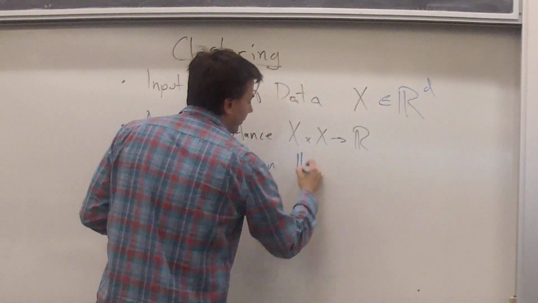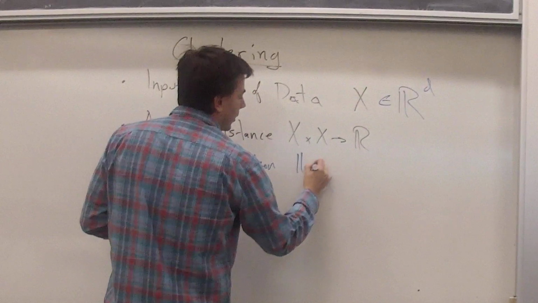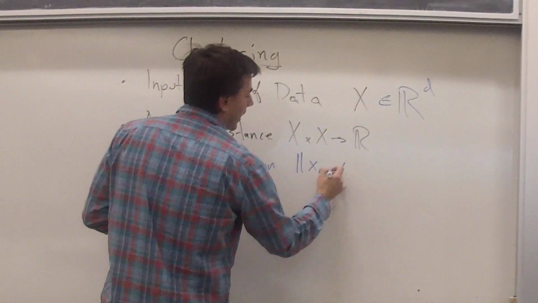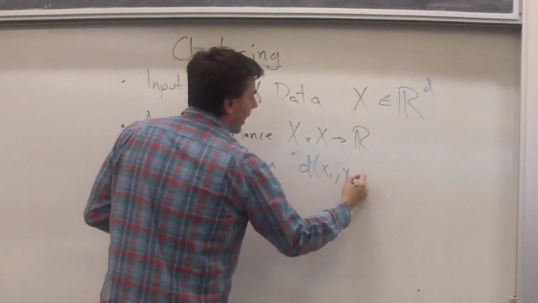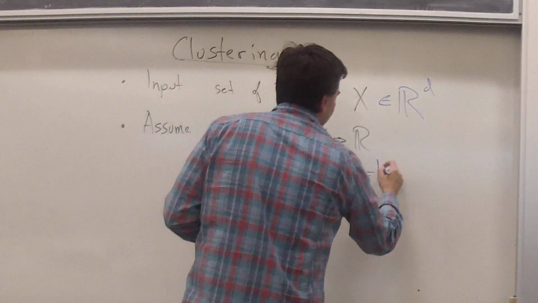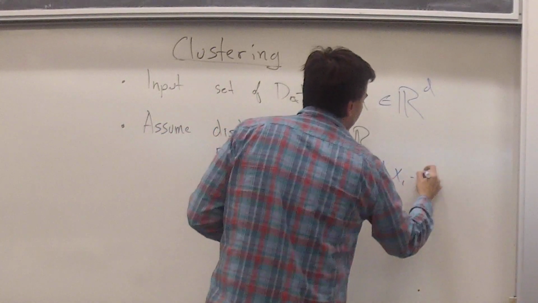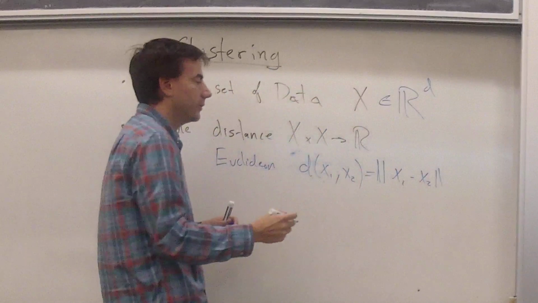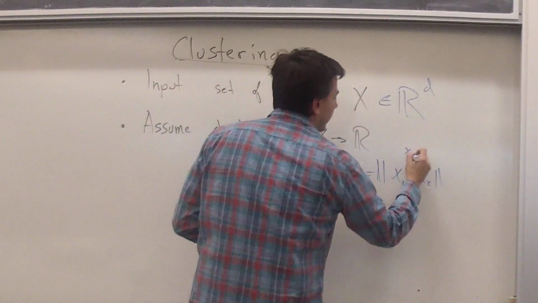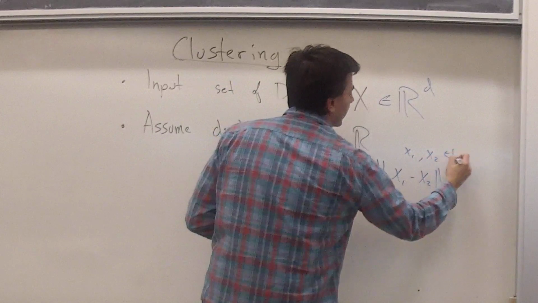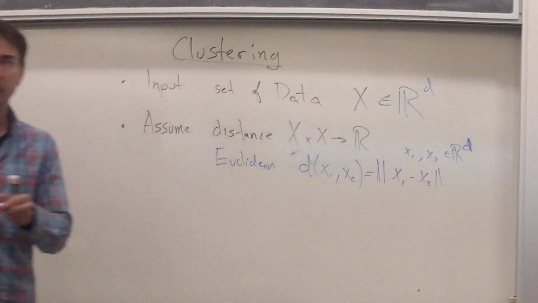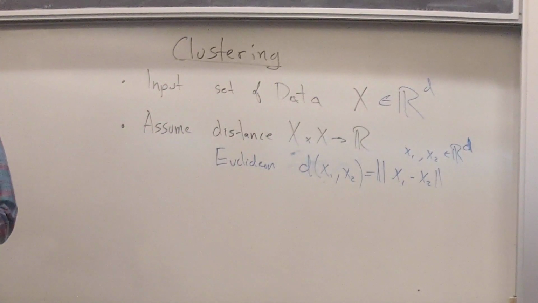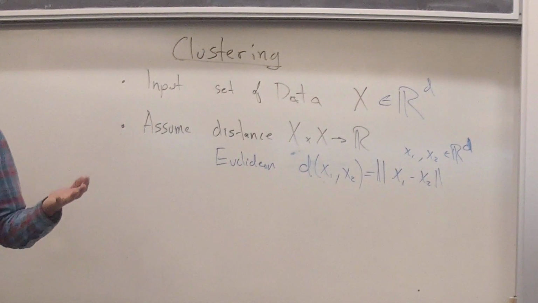So I'll specifically say the distance between x1 and x2 is just the Euclidean distance between these points x1, x2 in R^d. Okay, so this means I'll be able to think about the points in d-dimensional Euclidean space, and for most of the class we'll draw pictures in 2D.